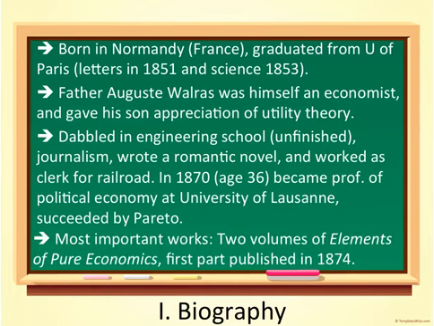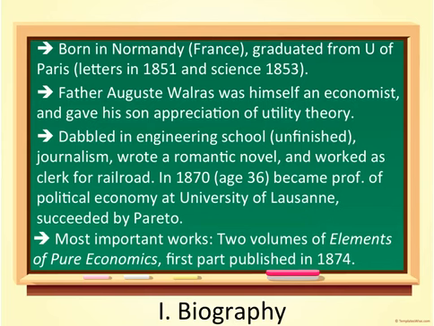So as far as back to Walras, hands down the most important things that he wrote were his two volumes of Elements of Pure Economics, the first part of which was published in 1874. Remember, we talk about Menger and Jevons and Walras all simultaneously and independently discovering marginal utility theory.